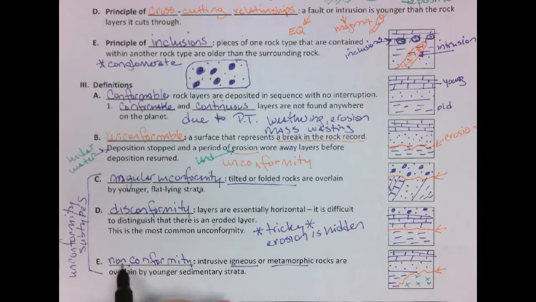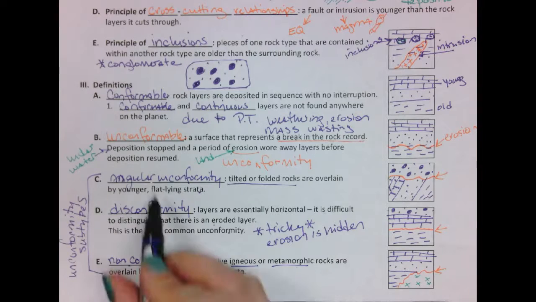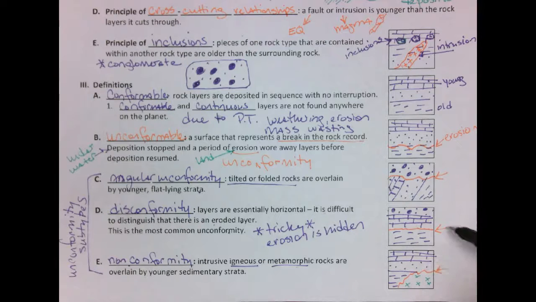So in this case, this is a non-conformity, because under the erosion line is non-sedimentary rock. It's either igneous or metamorphic. I used igneous, could have been metamorphic, no big deal there. In all three cases, the unconformity is the erosion line. We just have to figure out what's going on beneath the erosion to figure out what type of unconformity we're looking at.